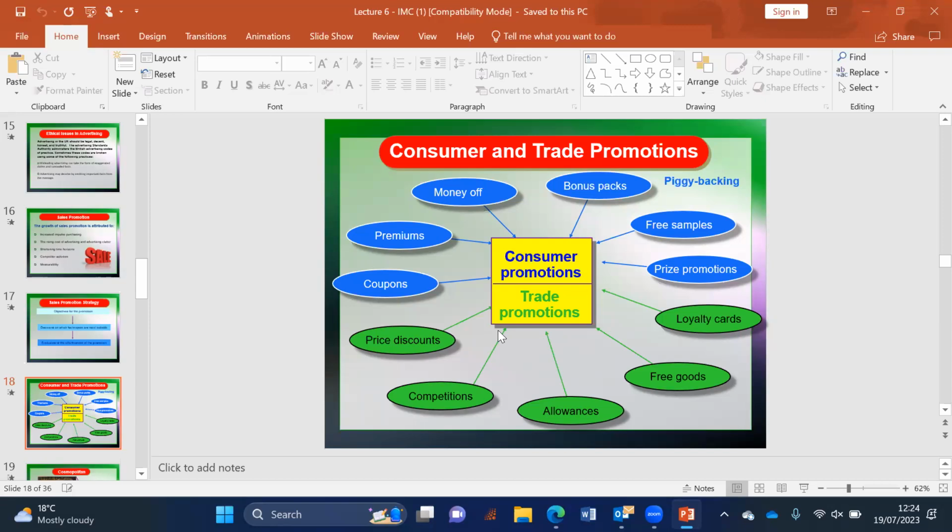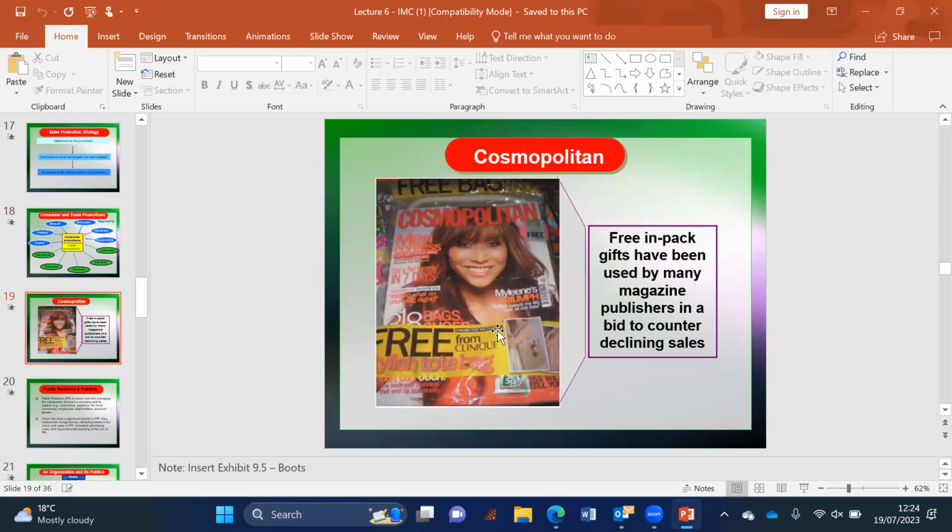So maybe they can add an eye-catching image next to it, or they can tell that there's a promotion. They can use that money for that, or you can give them free goods or loyalty cards. As we know now, magazine sales are going down, but what they've done to combat that is they add a gift in pack, and that's also a sales promotion.